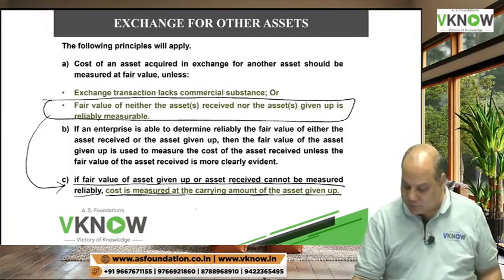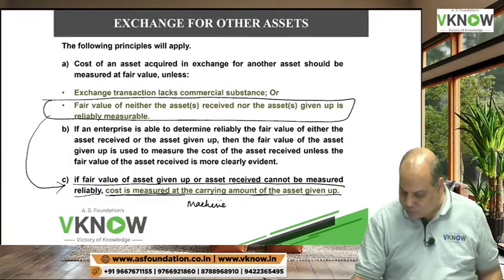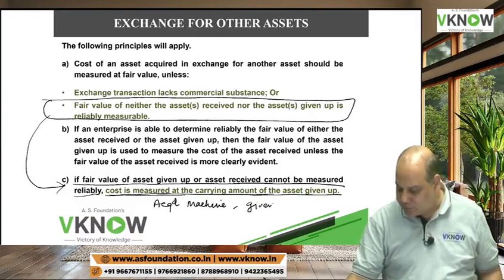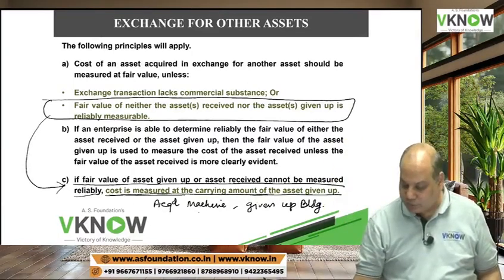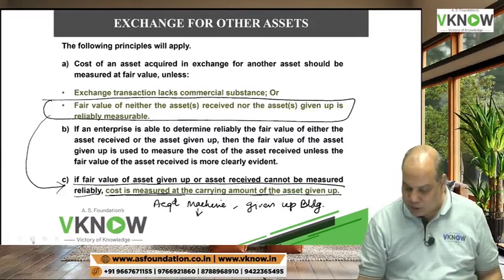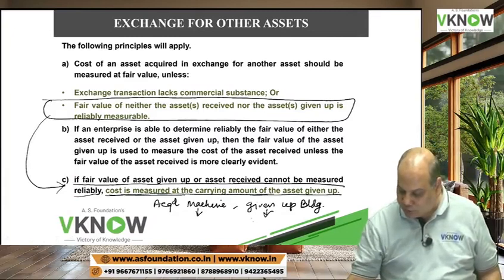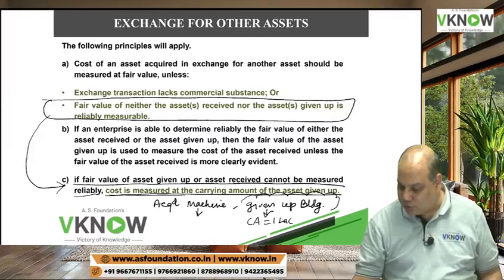Let us understand with the help of some numbers. Suppose I have acquired a machine and given up a building. Fair value of both is not available. But the carrying amount of building in our books of account is 1 lakh. Carrying amount means book value.